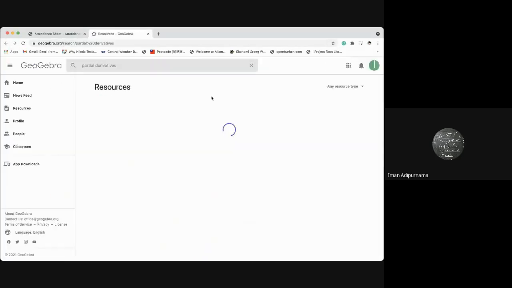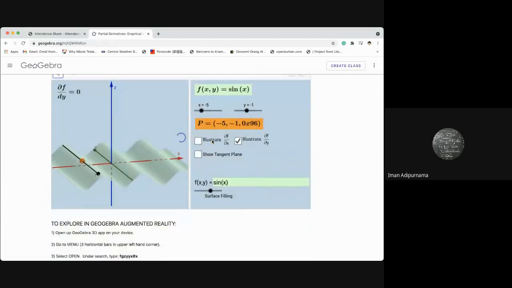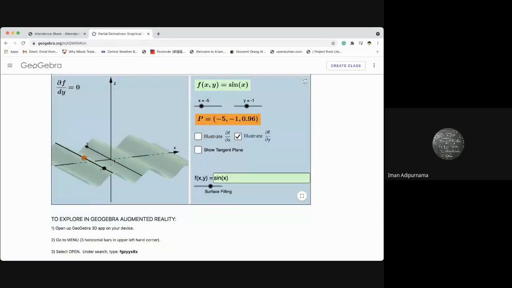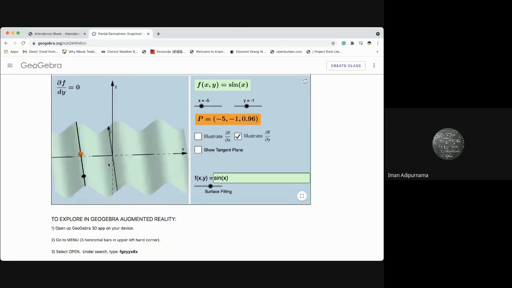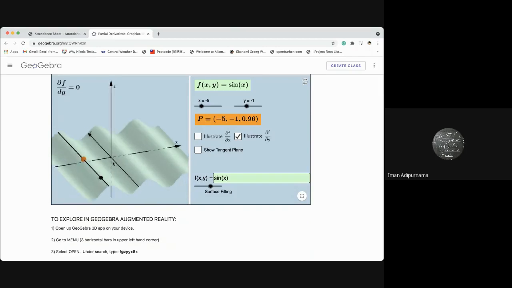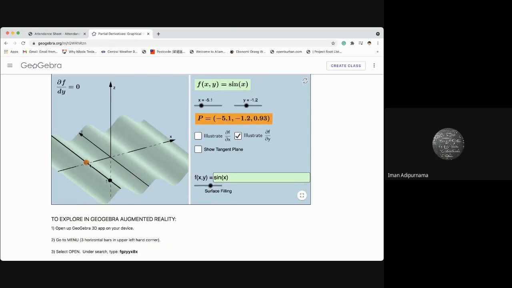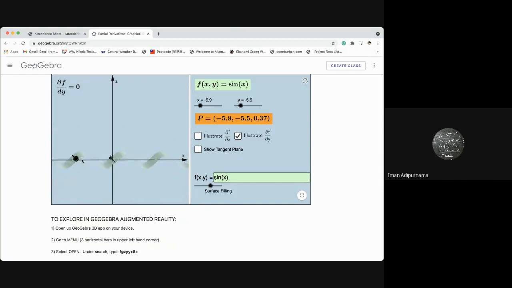It has the sine graph like that, but it has two variables, x, y. So if we change our x, y coordinate, it's going to change the level of the z, right?